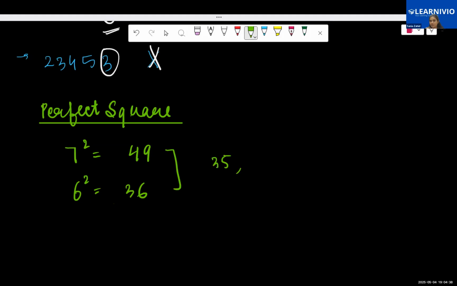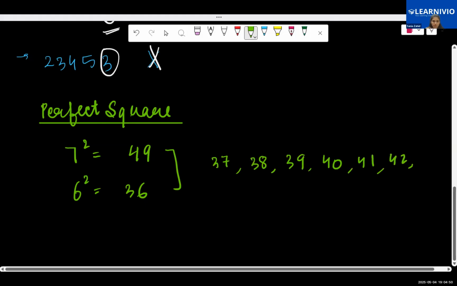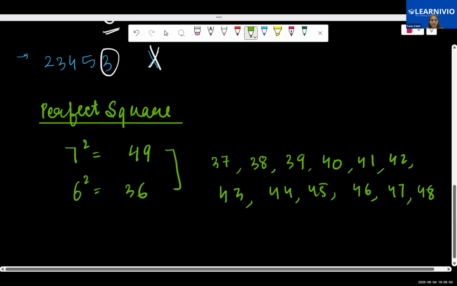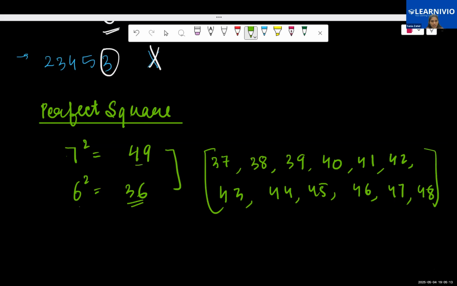I have 37, 38, 39, 40, 41, 42, 43, 44, 45, 46, 47, and 48. After 6, the number that I have is 7. So after 36, all of these numbers are not the square of any number, because 36 is a perfect square and 49 is a perfect square.